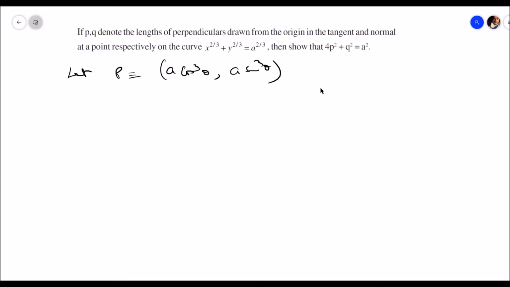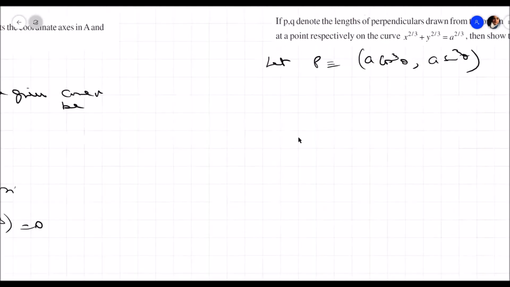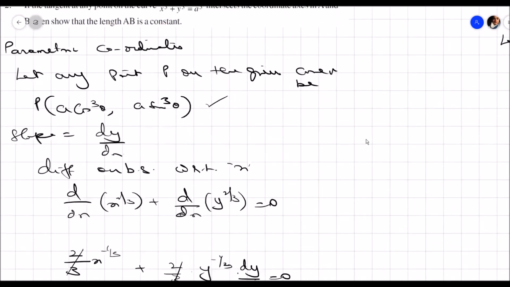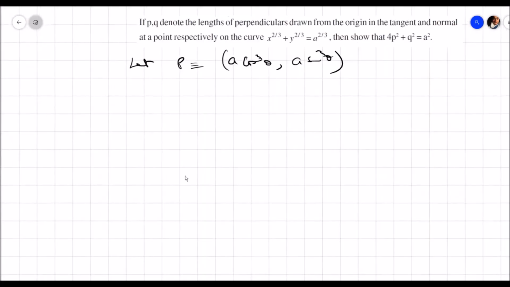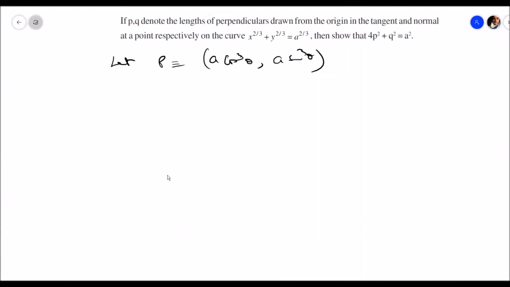So I want you to do the same steps to find the equation of the tangent, and of course a few different steps to find the equation of the normal. Okay, so first let us find the slope, which is dy by dx, right?